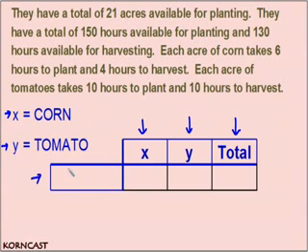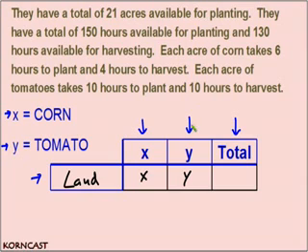So for example, let's make this one just talk about the land. And when we think about it, the land consists of two things, corn and tomatoes. If we have 10 acres of corn and 10 acres of tomatoes, then we have 20 acres total.